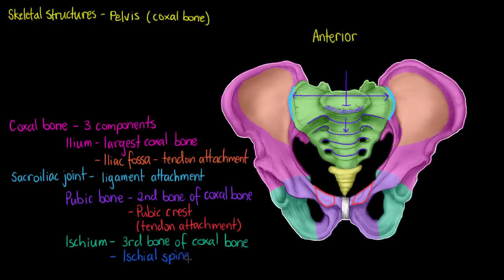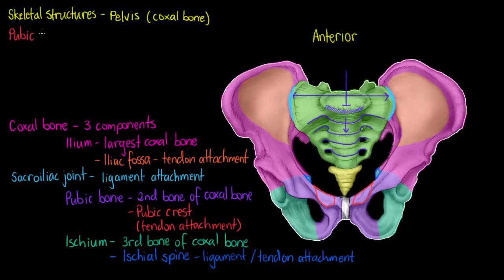The ischial spine we will see on the posterior surface, and it's a kind of triangular shaped elevation, just like this. And it's a point of ligament and tendon attachment. And that makes up the three bones of our coxal bone, and they're all fused together. So the ilium, the pubic bone, and the ischium.